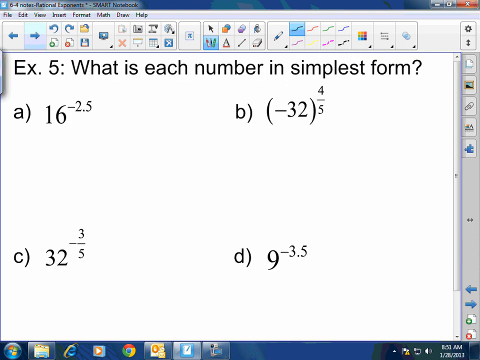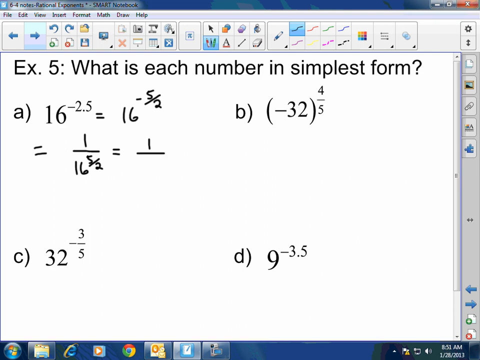What if I have 16 to the negative 2/5? Well, first thing I'm going to do is, this is 16 to the negative 5/2, which then is going to equal 1 over 16 to the 5/2, which is going to equal, let's see if you can think about it like this, guys.